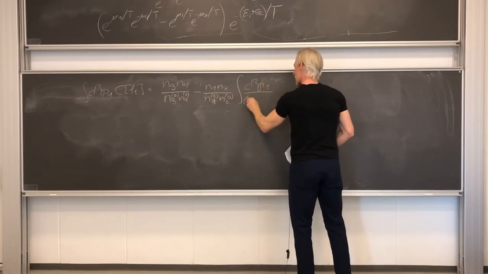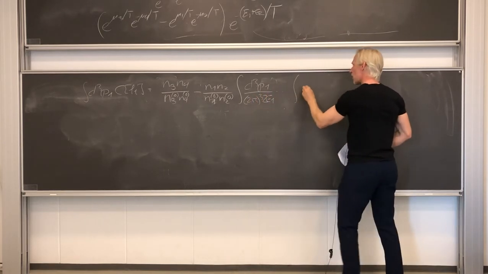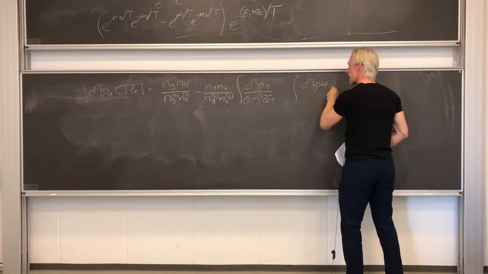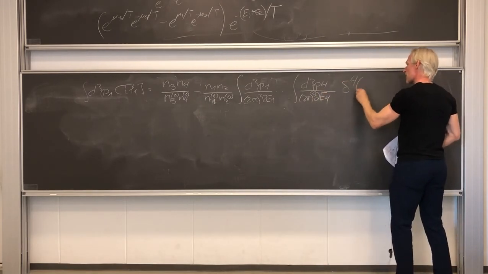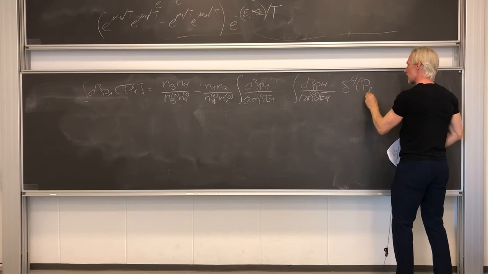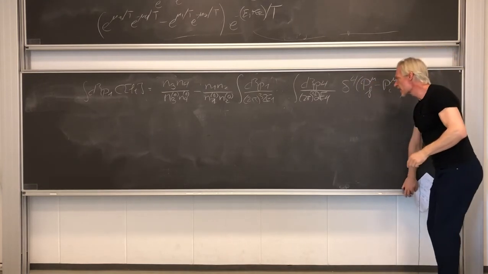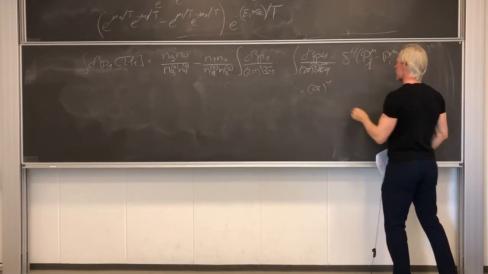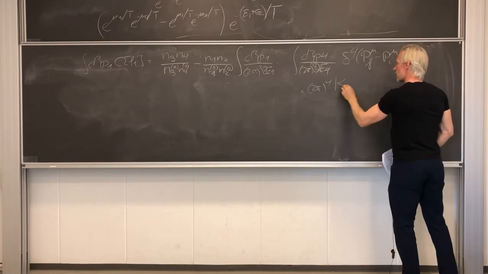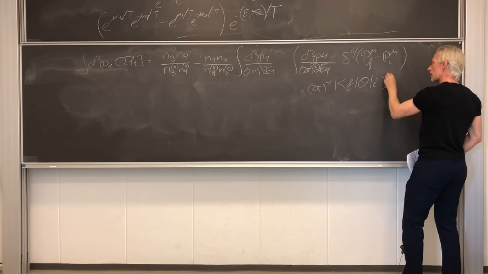And then, of course, I get this long collision integral up to 4, like this. I get my energy and momentum conserving delta function, like this. Okay. Then I get the 2 pi to the 4, and I get my squared matrix element like this.